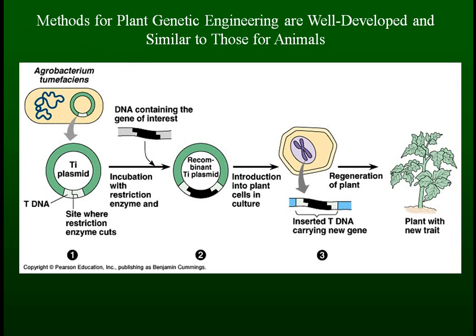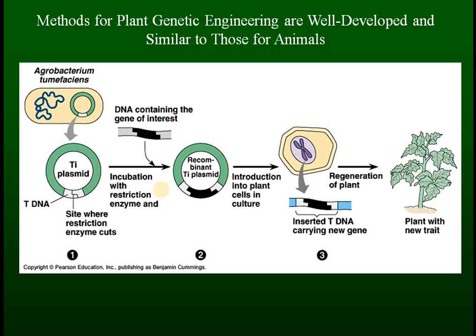So here this Agrobacterium tumefaciens has a plasmid known as the Ti plasmid. You have to isolate that plasmid. In that we have to cut using a restriction enzyme. You can insert the desired gene. For example, it is a Bt gene. Bt genes means bacterial toxin genes, which will protect the plant against different pests.